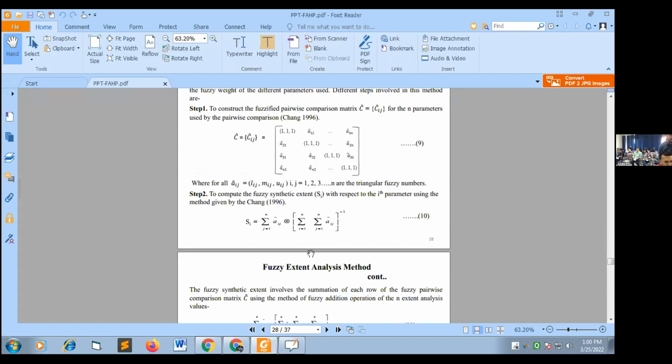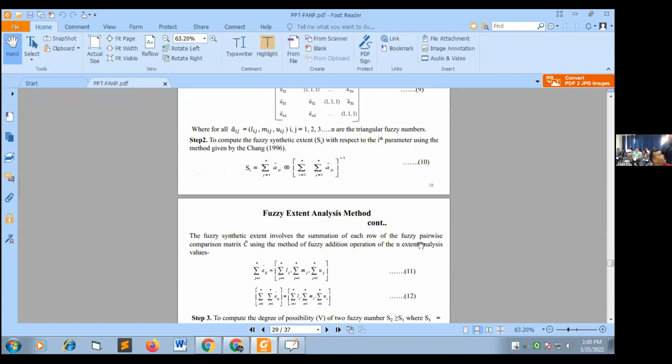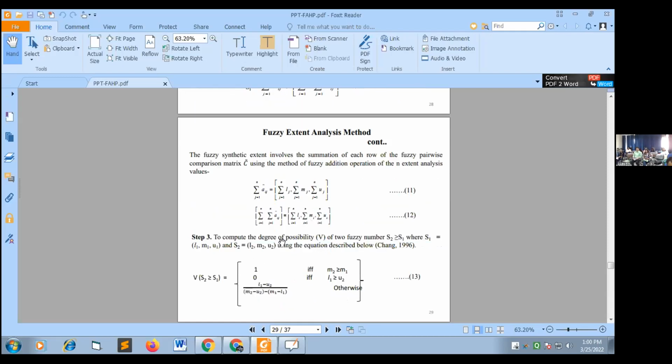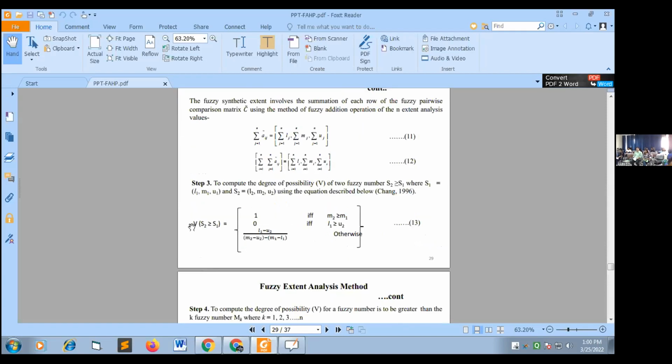In the case of fuzzy numbers, we can find the sum of the lower, upper, and middle values. Similarly, to compute the degree of possibility of two fuzzy numbers, say S2 and S1, or fuzzy priorities, we use the degree of possibility V(S2 greater than S1) with the help of this formula: 1 if the middle M2 is greater than M1, 0 if the lower one is greater than the lower of the other fuzzy number.